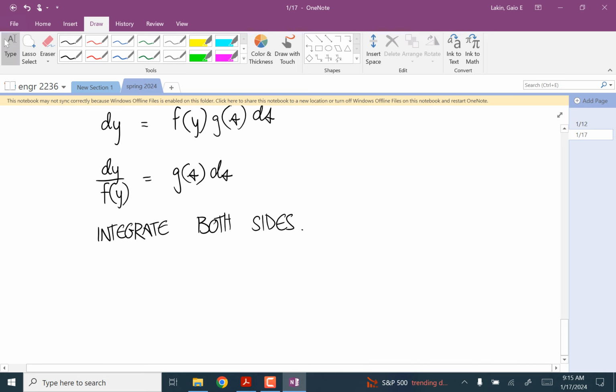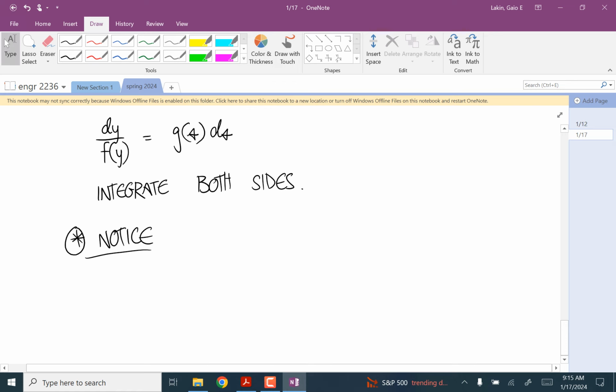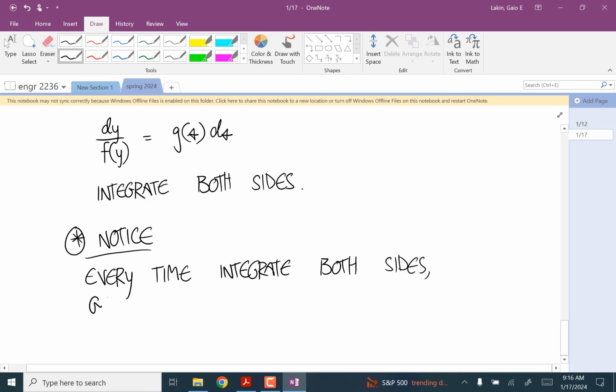One thing to keep in mind here is every time you integrate both sides, you're going to get an unknown constant of integration.